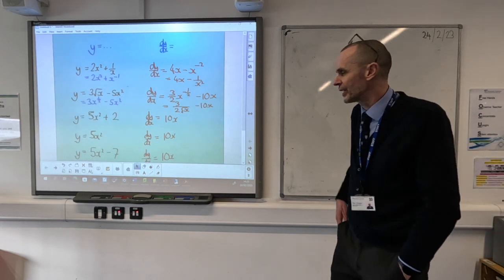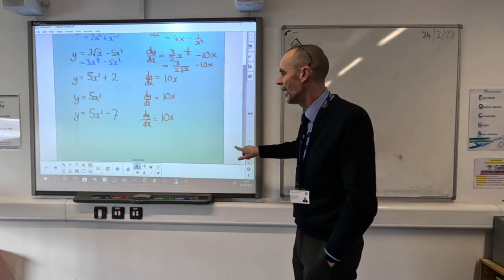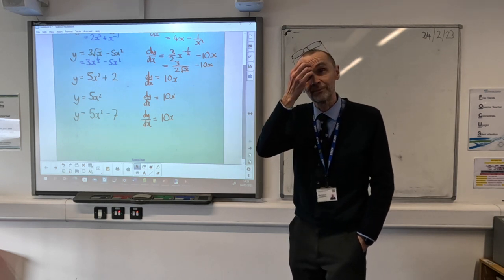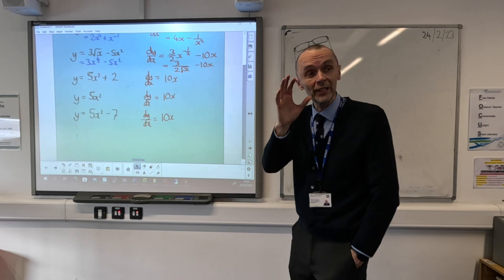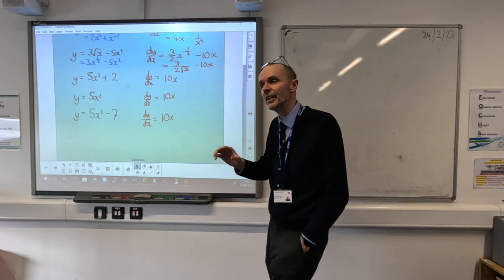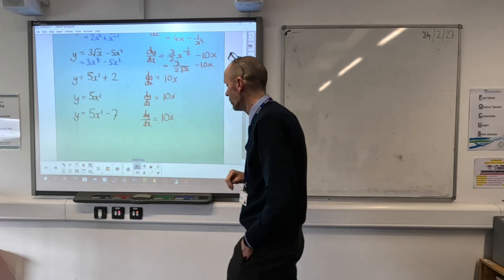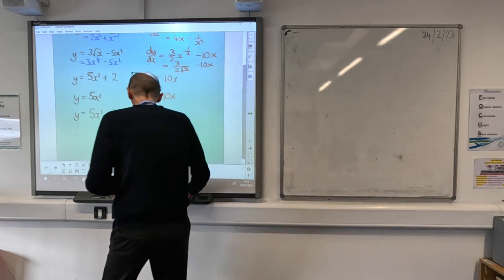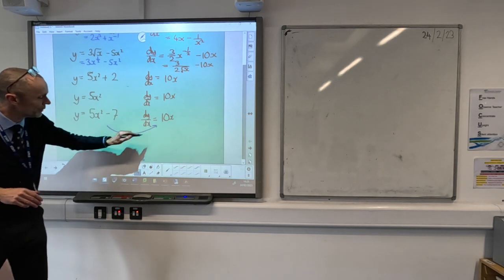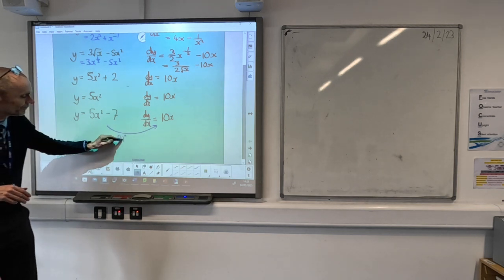And that's all well and good, that's not a problem, unless we want to reverse the process. And we certainly do want to reverse the process, because the reverse process of differentiation has 2 very important applications, which we'll talk about in subsequent lessons. But this process is called differentiation.